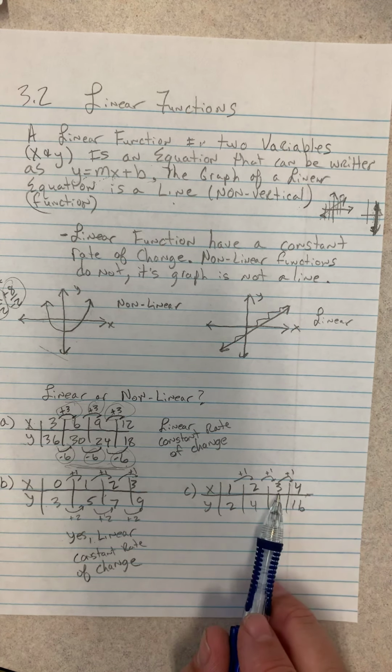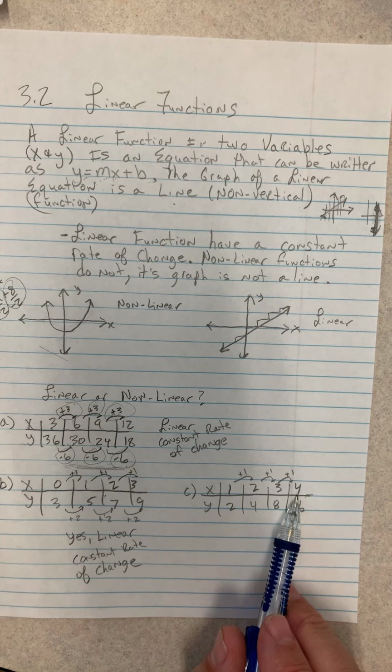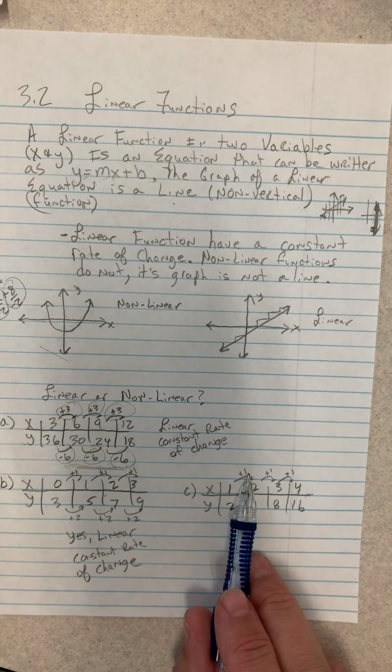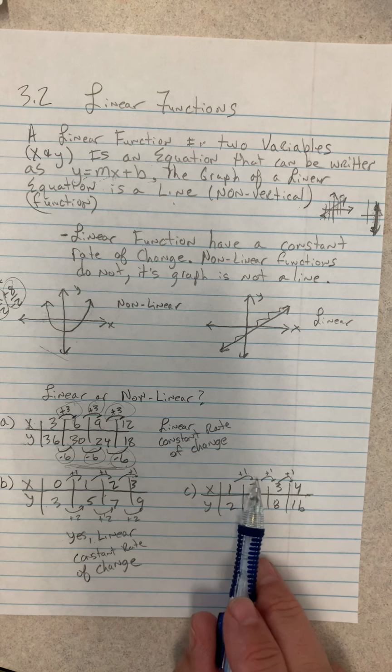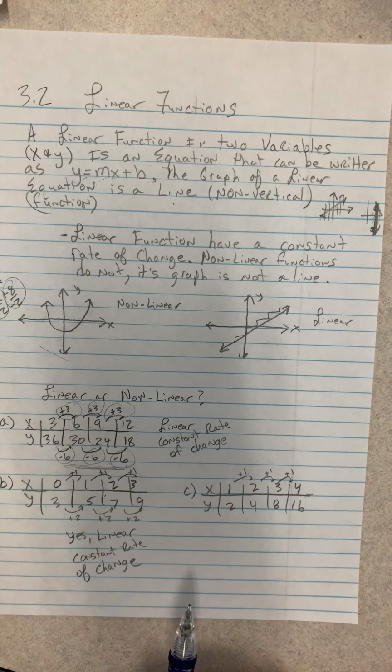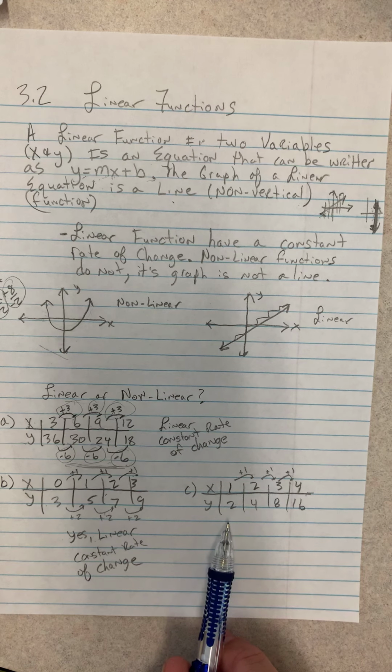It has to be constant. This couldn't be a 5. If this was a 5, my rate of change here would be a 2. I would have a 1 and a 2. That wouldn't be constant. They're all the same. Be very careful on your y's. There's a definite pattern. Hopefully you're picking up on the pattern.